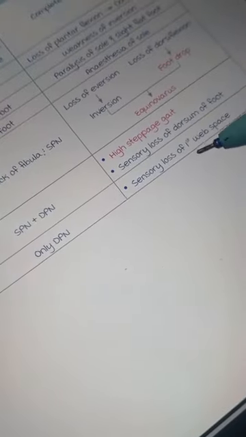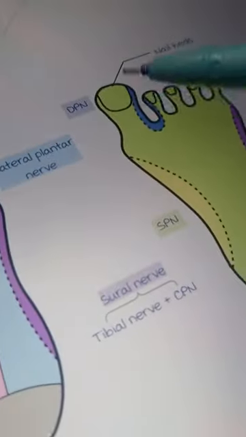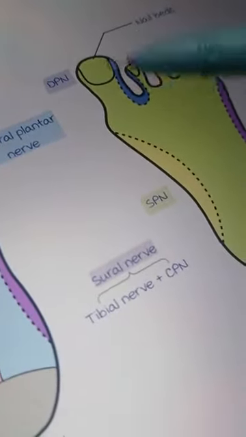Next is superficial peroneal plus deep peroneal, both of them are damaged, high steppage gait, sensory loss of the dorsum of the foot, and only deep peroneal nerve is damaged, sensory loss of the first web space. Can you see? This is the first web space, deep peroneal nerve supplying it.